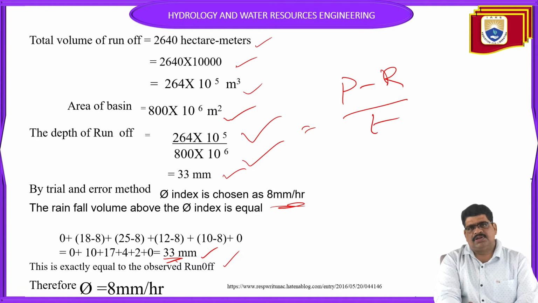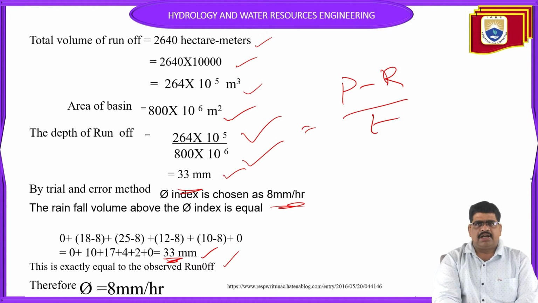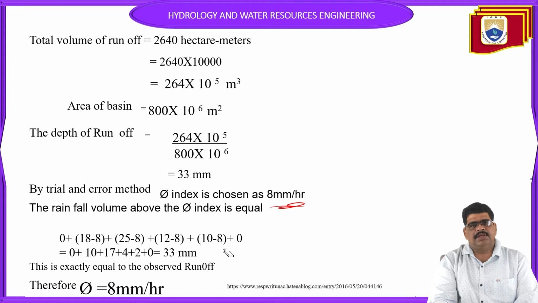So what is the observed runoff? Previously, what we calculated above is 33 mm, so here also 33 mm. So the Phi index we assumed, 8 mm per hour, is correct. If it is not correct, we can trial again.